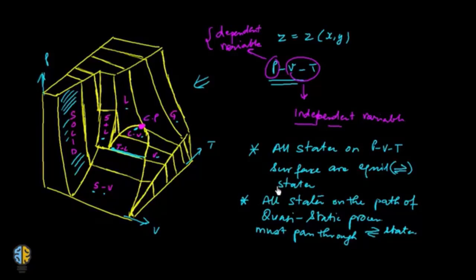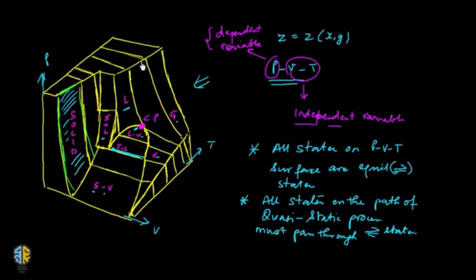The single phase regions, that is the solid region, the liquid region and the vapor region, appear as curved surfaces on the PVT surface. If you look at this region, it is a little curved, because it's a single phase region.